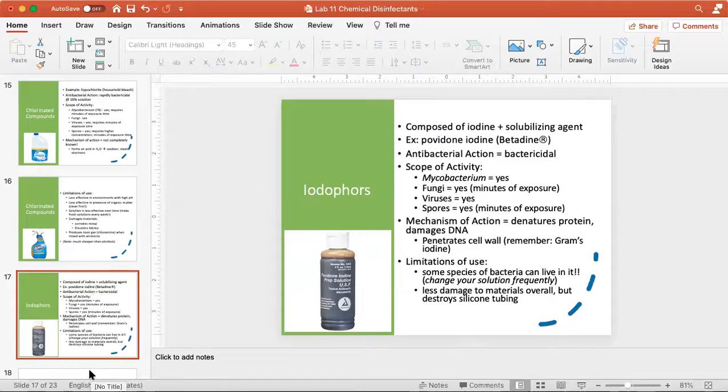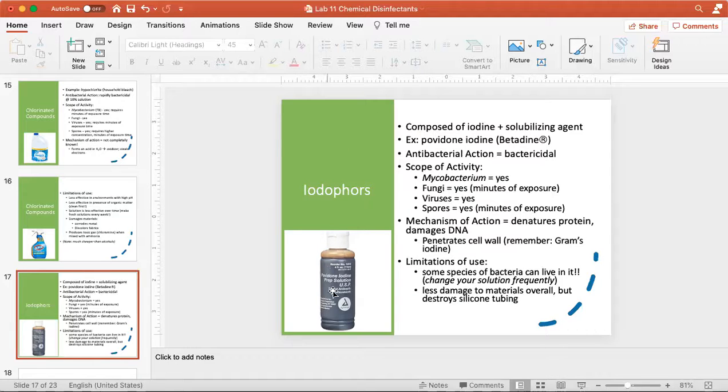All right. The third of our groups of chemicals is the iodophore chemicals. Now, it's important to remember that these are not iodines. Iodine is a particular chemical. And when you take iodine and you mix it with what's called a solubilizing agent, you get an iodophore.